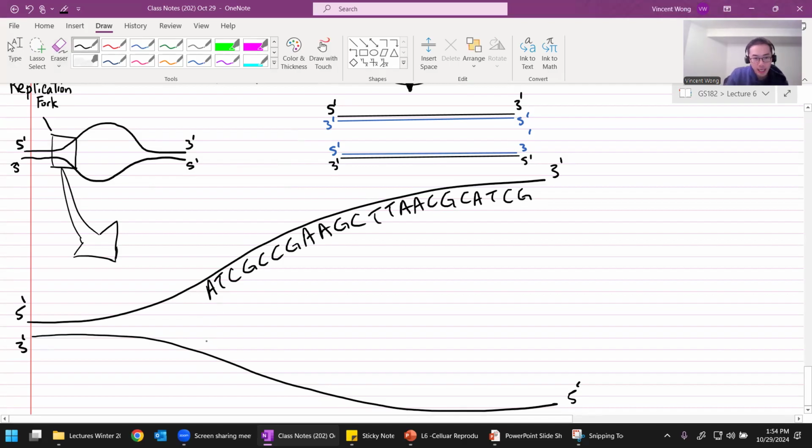And then on the other side, it would have to be complementary, right? C goes with G, G goes with C, and so on and so forth. Take a moment and fill in the nucleotides.